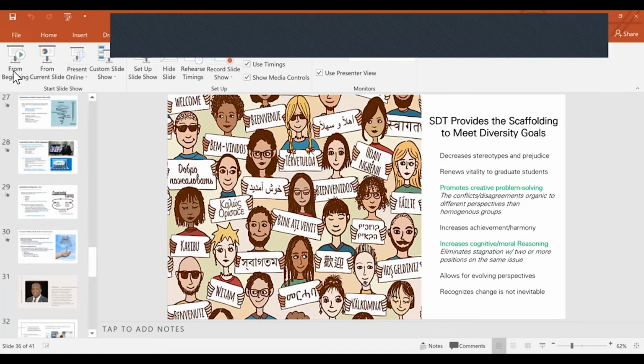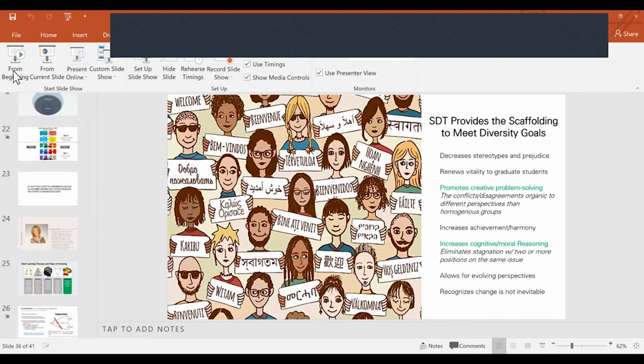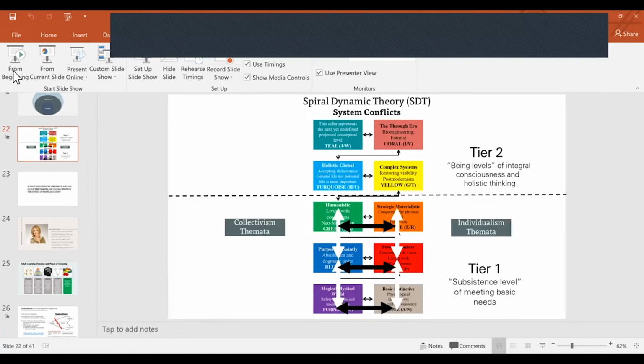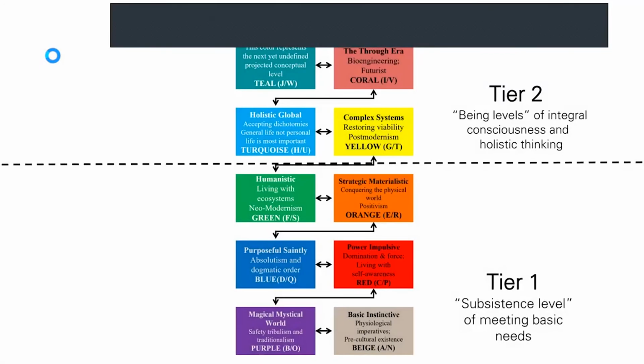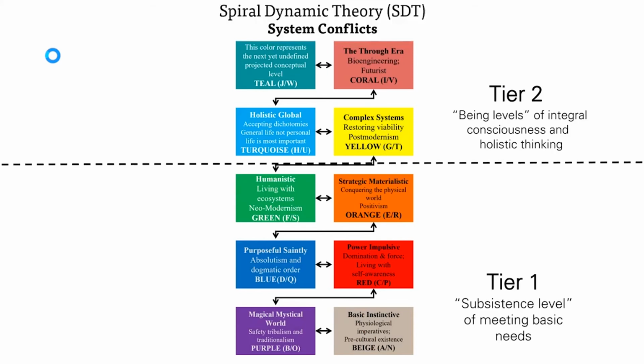2 are very straightforward. I've read when you talked about spiral dynamic theory last semester a little bit, and then I was reading this, and so I just wondered about the letters that are after the colors, like AN after beige and BO after purple. What are those? Yes.